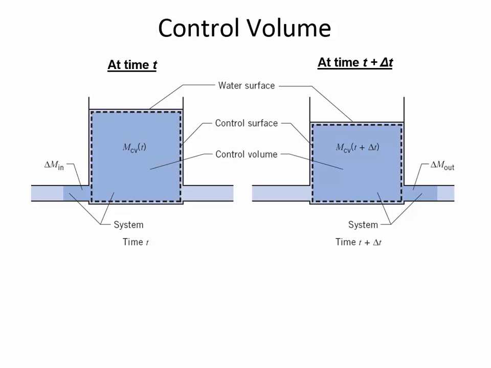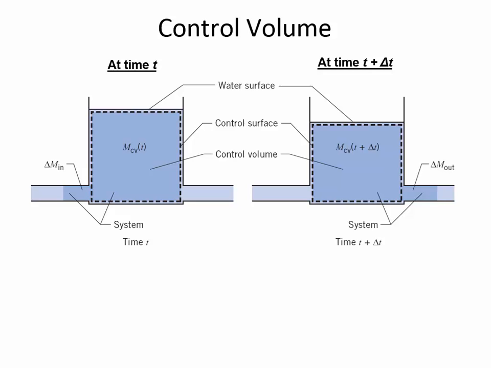It's tough to notice because it's so subtle, but the liquid level is lower at time t plus delta t. So what can we interpret from the fact that the liquid surface is lower? The water level is going down. There's more out than in.